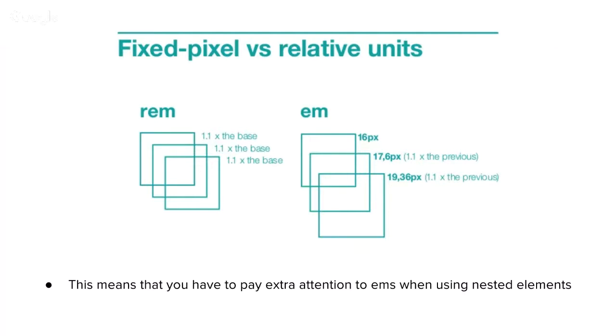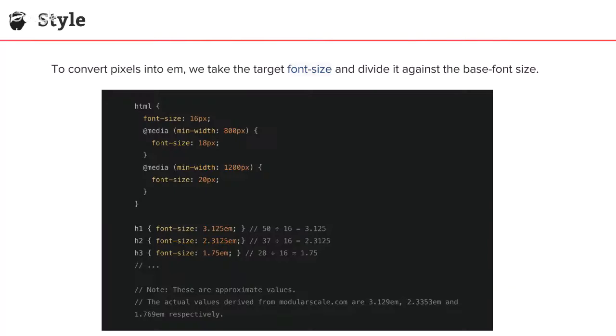When I tried building a website using ems, it got very confusing because an element was responding to its container, being relative to its container, when I was thinking it was just being relative to the HTML document. And so you get lots of different multiplications of numbers.